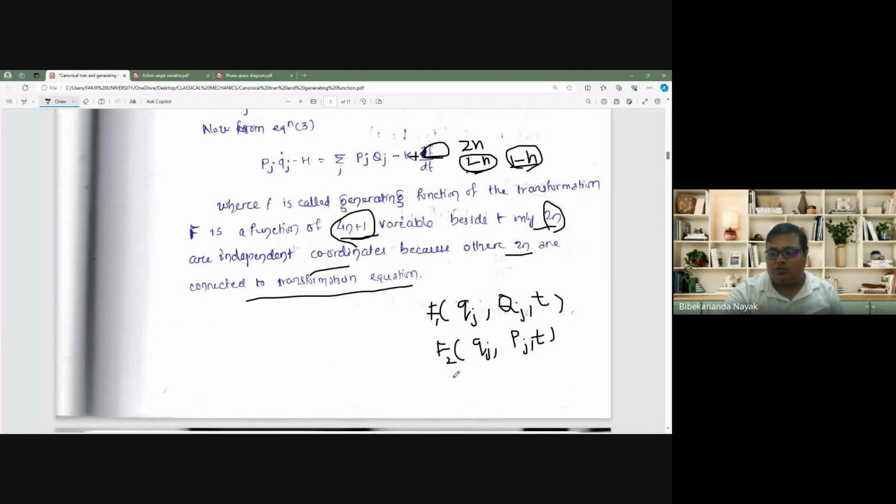Let's say F2. Another kind of function is F3, a function of small pj and capital Qj. And another possibility is small pj and capital Pj.